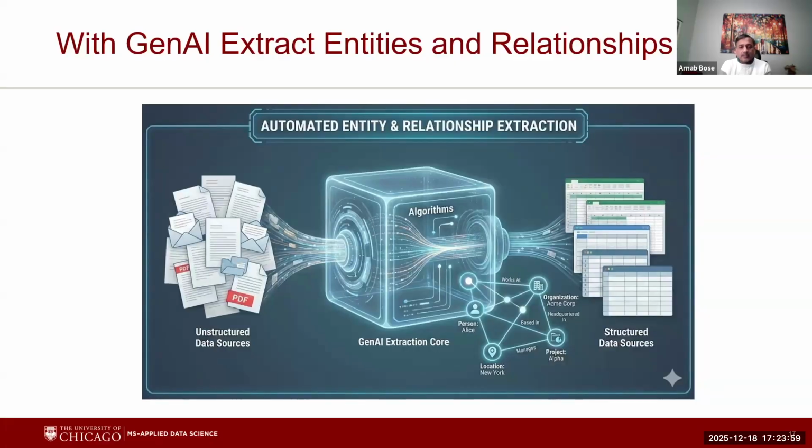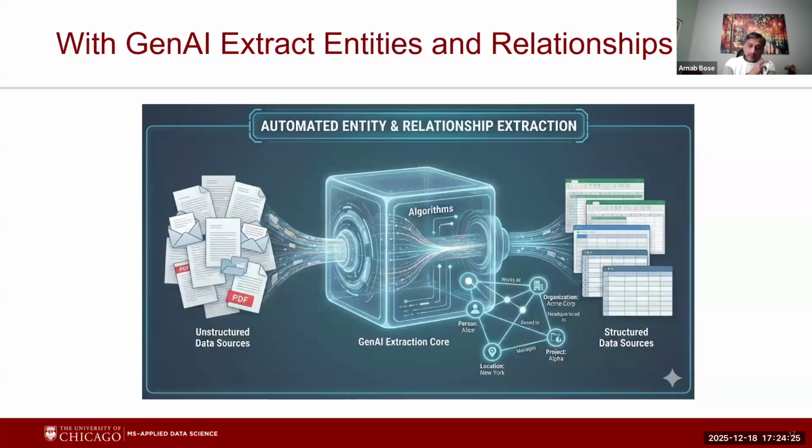Now, this is using Gen AI. If you remember, I talked about how you take different data sources and then convert them to JSON, and then you map entities and relationships. Well, one way to do that is using a loader. Another way is that you map those entities and relationships using a foundational model, using GenAI.